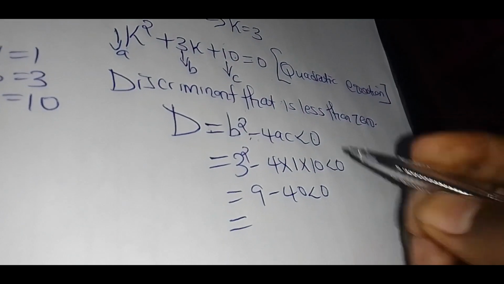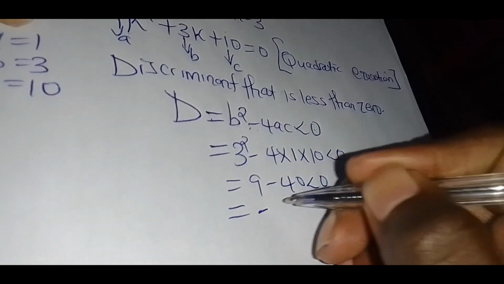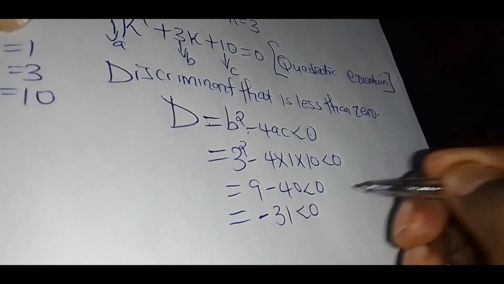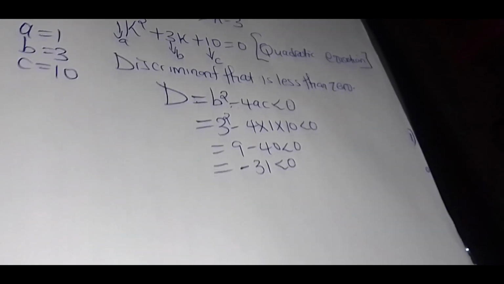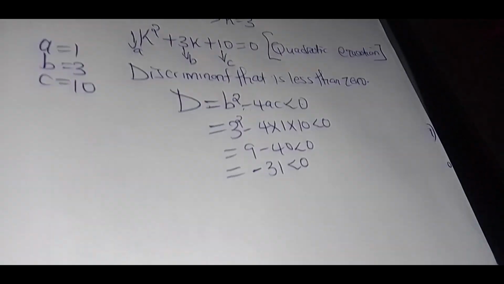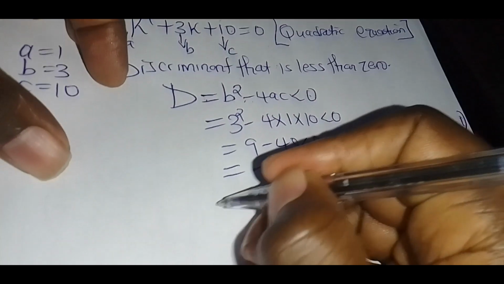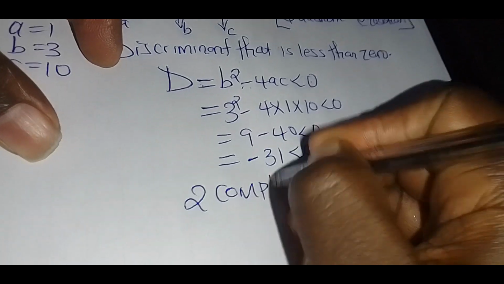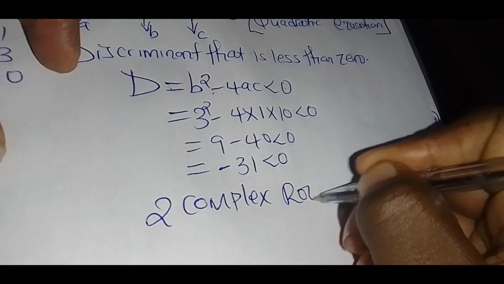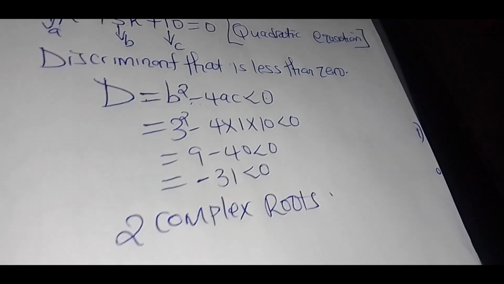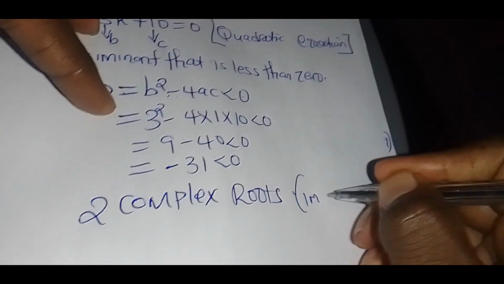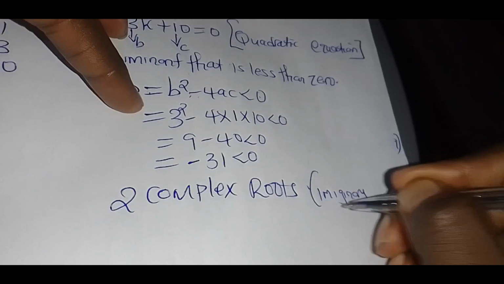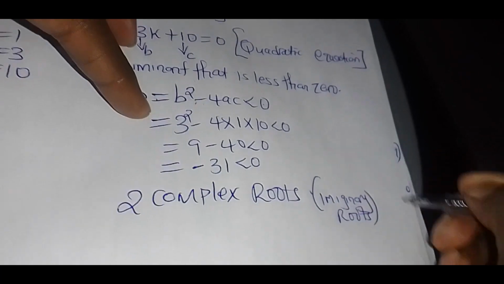So that means that we have minus 31 is less than 0. Okay, minus 31 is less than 0. So in that case, that means that we have two complex roots, or like we have two imaginary roots.